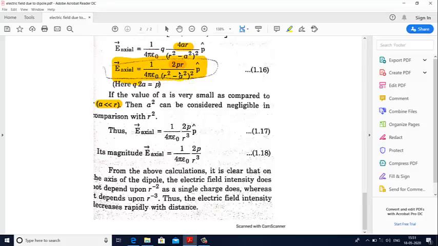So this term can be neglected here. In that case, this denominator term will be written as R square to the power square, which is equal to R to the power 4. Then we can cancel one R from the numerator and one R from the denominator. So we will be left with this term 2P upon R cube.